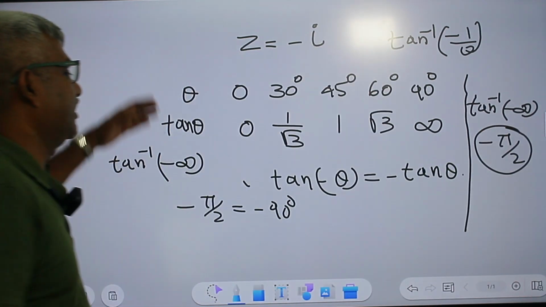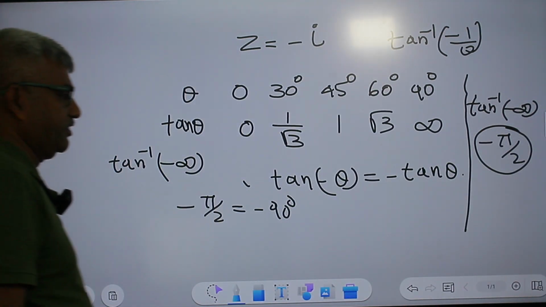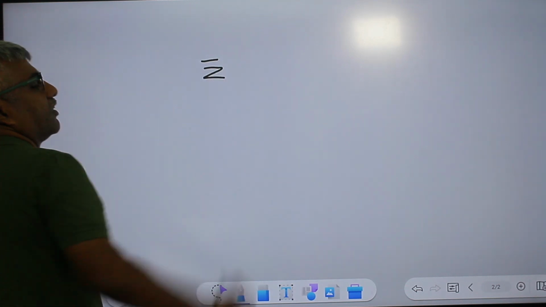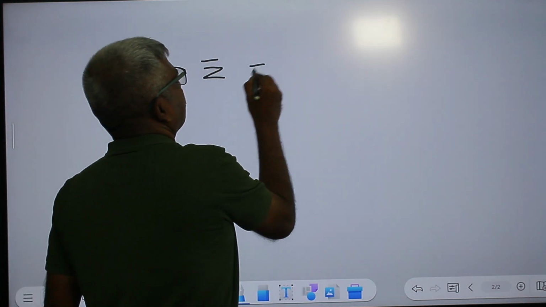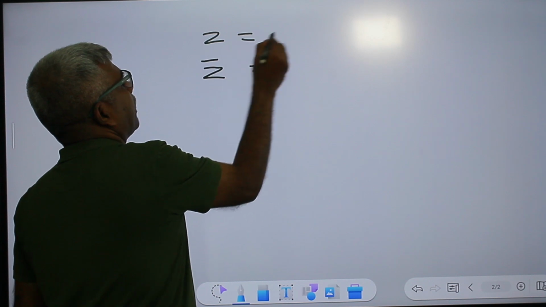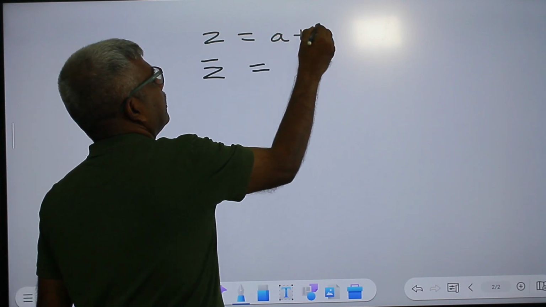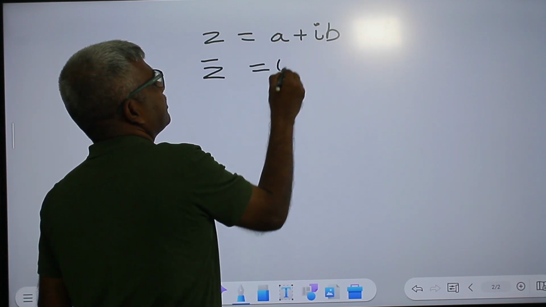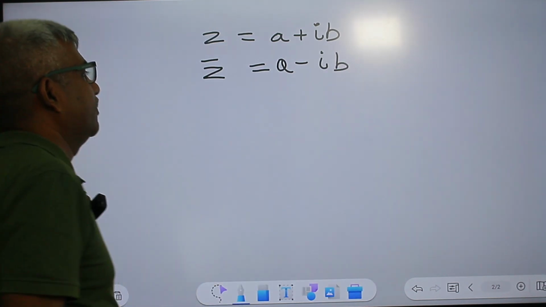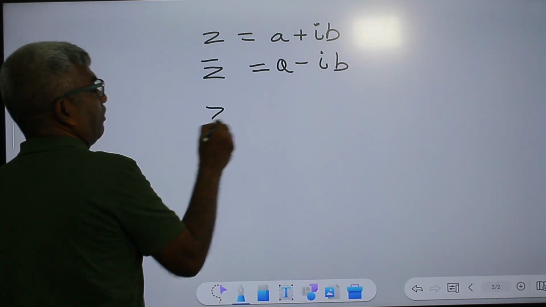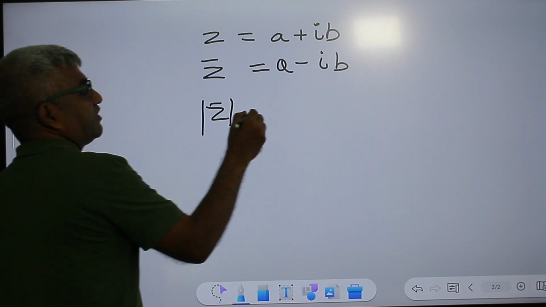Okay. Till that, copy down. This is called conjugate of z. So if z is a plus ib, conjugate of z is a minus ib. Okay. So what is the modulus of conjugate z?